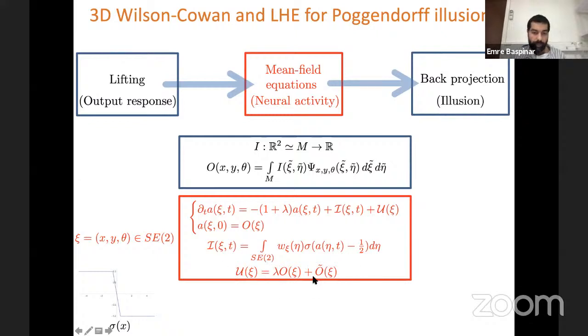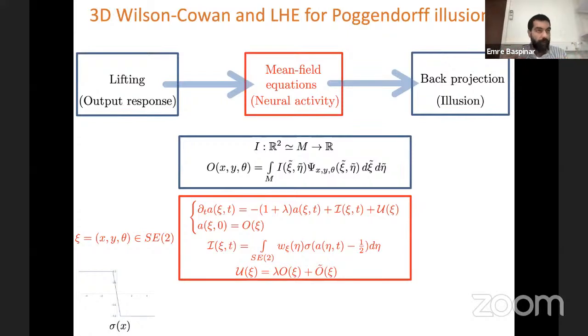Here we see that the external stimulus consists of 2 parts, where the first part is a weighted version of the initial output responses, the result of the lifting, and the second part, tilde O, is the lifting of a blurred version, a smoothed version of the input image. And the reason this second part was included was the will to take into account the contrast effects of the pixels surrounding the region which we focus on when we look at a two-dimensional image.